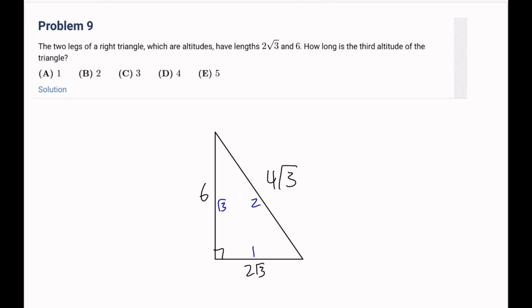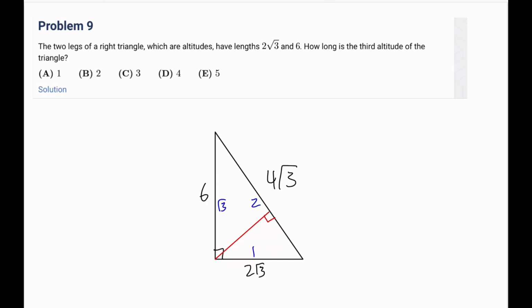How long is the third altitude of the triangle? Okay, so what is the third altitude of the triangle? That's this line right here, and this would be 90 degrees, and so we want to find this length. This length multiplied by this length is equal to this length multiplied by this length, because they both represent 2 times the area of the triangle, right?